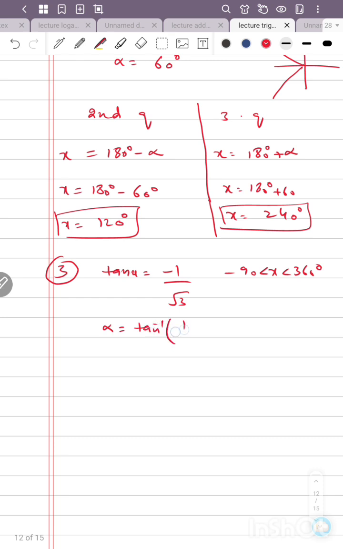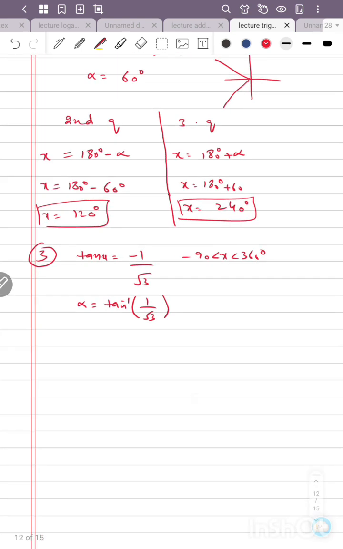Tan inverse 1 by square root 3, we got the answer 30 degrees. Now we know that tan is negative in which quadrant? Tan is negative in the second quadrant, because all positive, sin, tan, cos, so tan is negative in the second quadrant and fourth quadrant.